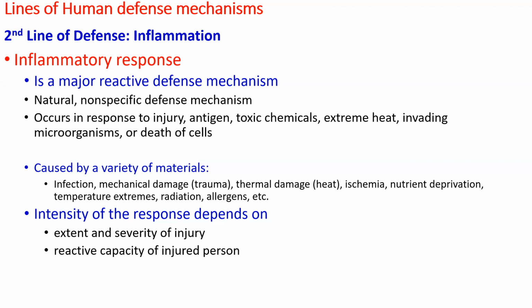Other epithelial cells secrete antimicrobial peptides. All of these are different forms of biochemical barriers, which lie under the first line of defense.